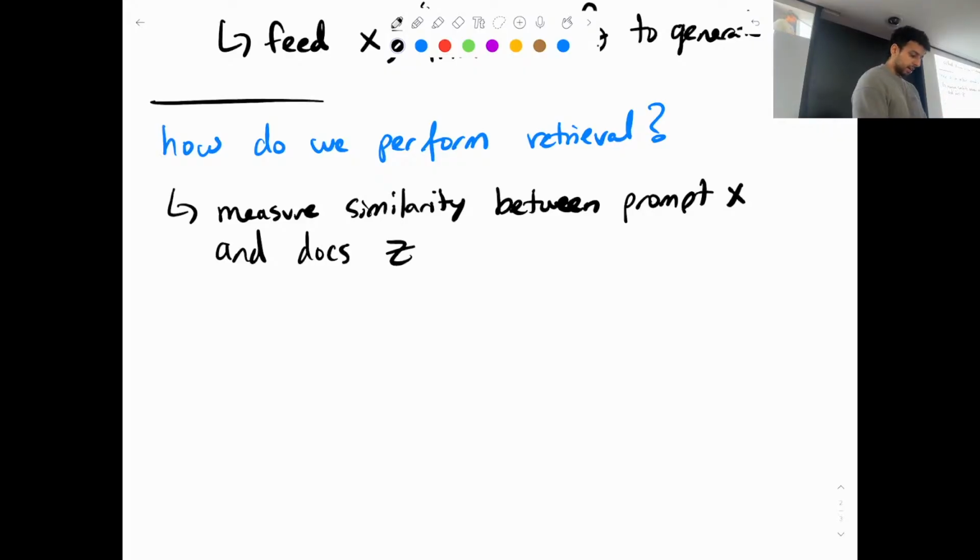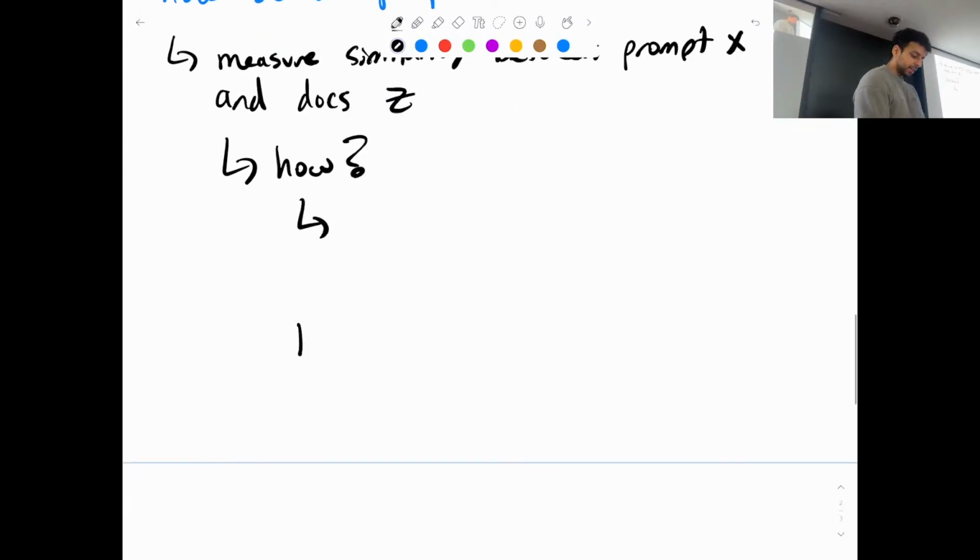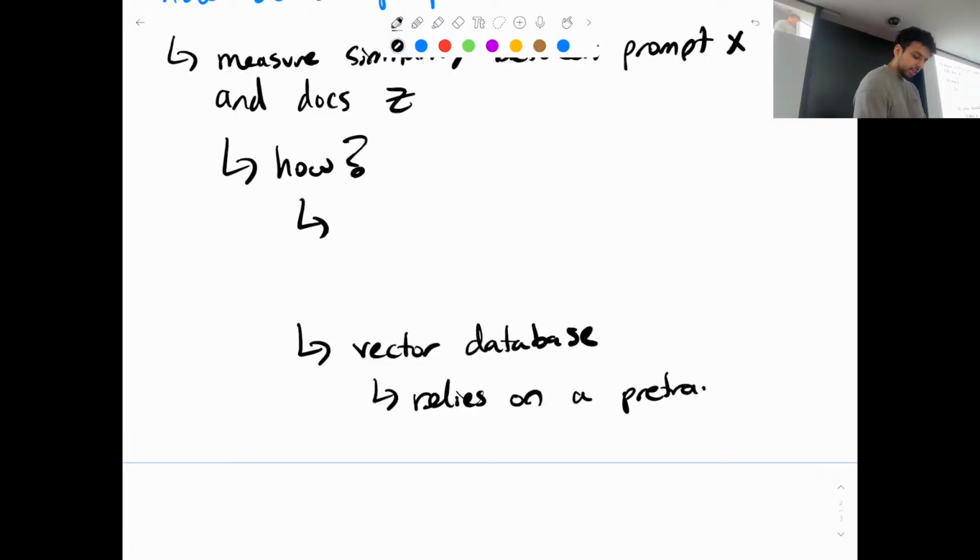Exactly. So how do we do this? I want to highlight two approaches. The one that you suggest is the most common currently implemented in RAG systems, where we have what's called a vector database that relies on a pre-trained encoder model.